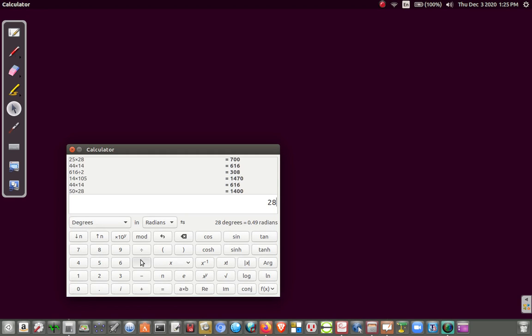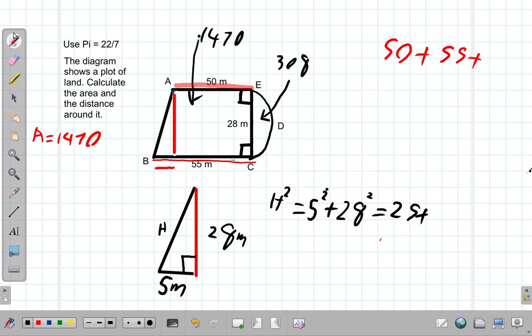28 times 28 will give you 784. So 25 plus 784. 784 plus 25. 5 and 4 is 9. 8 and 2 is 10.